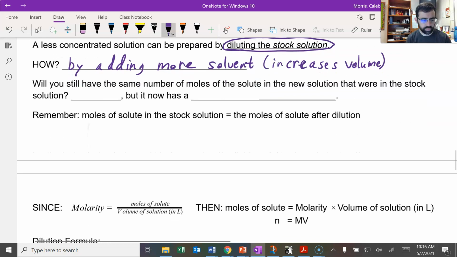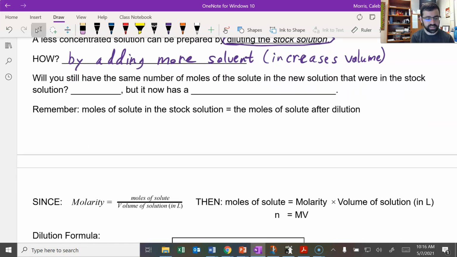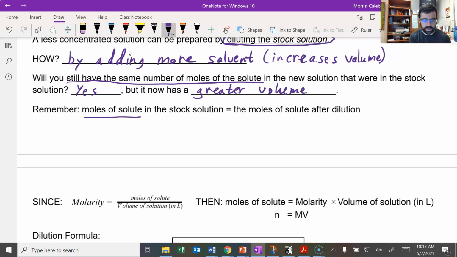So here's our question. If I just add solvent, will I still have the same number of moles of solute in the new solution? Well, yes, but it now has a greater volume. Remember, the moles of solute in the stock solution equal the moles of solute after the dilution. That's an important key concept to make sense of the molarity equation.